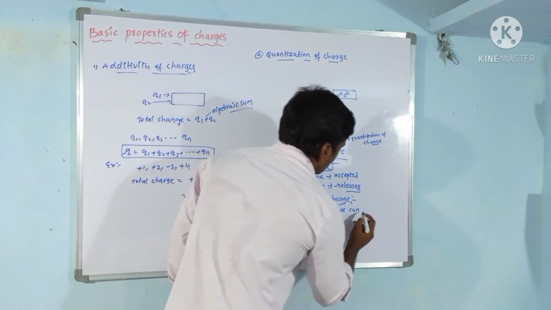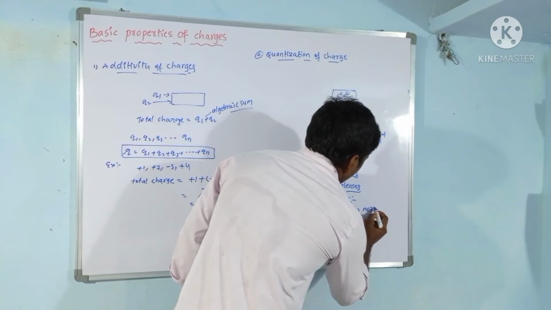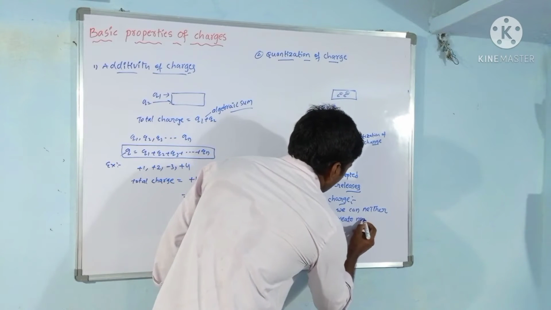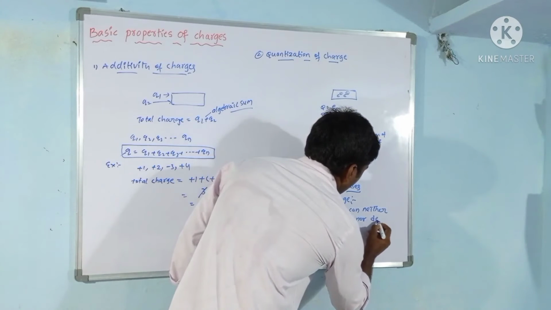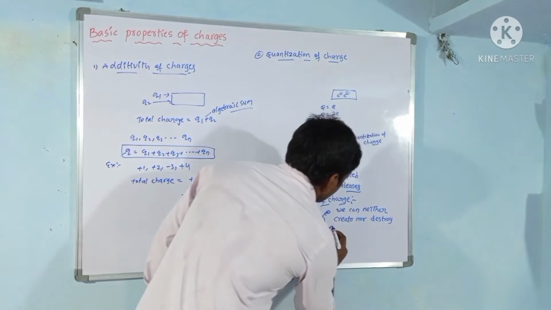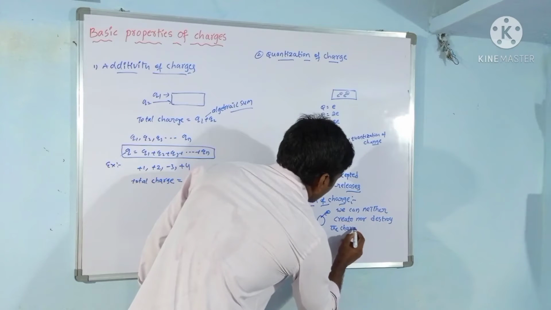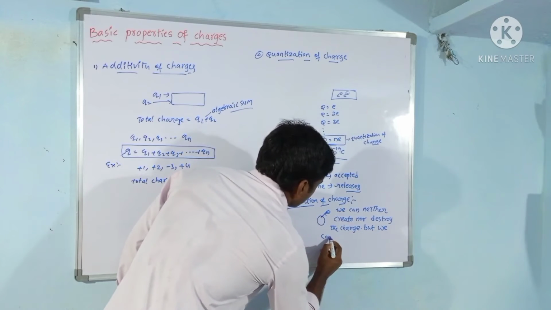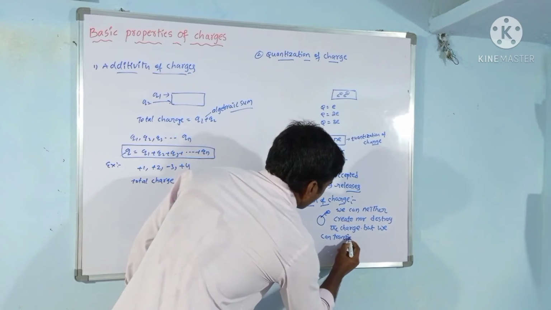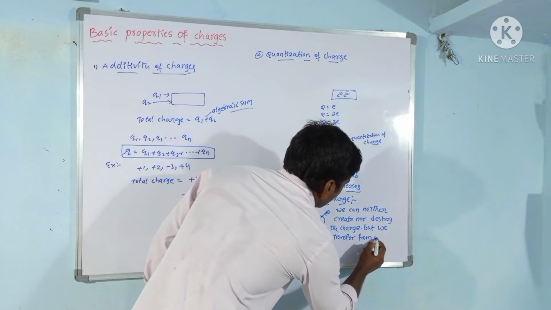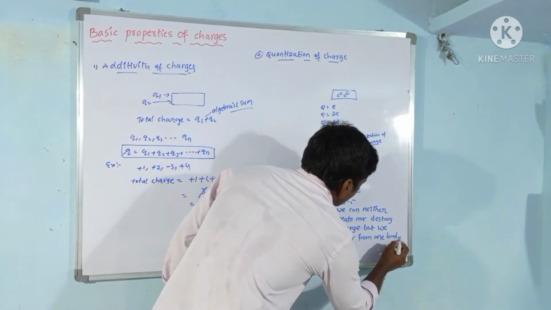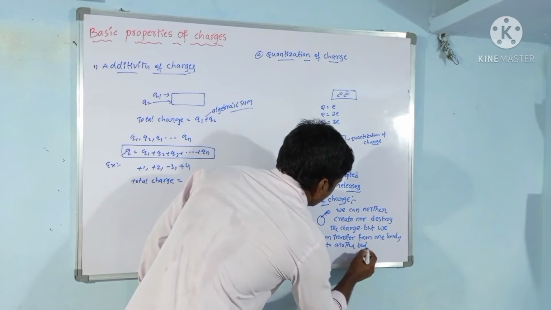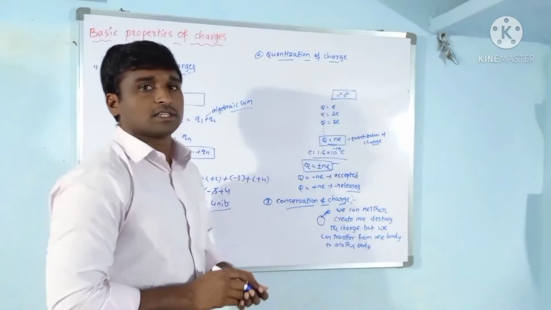We can neither create nor destroy the charge, but we can transfer it from one body to another body. This is called conservation of charge.